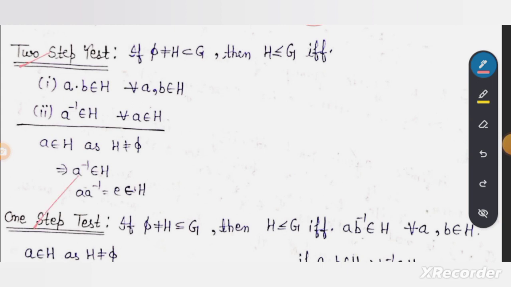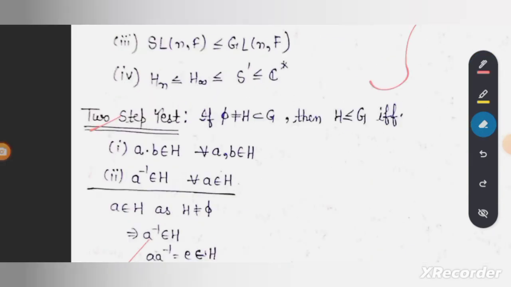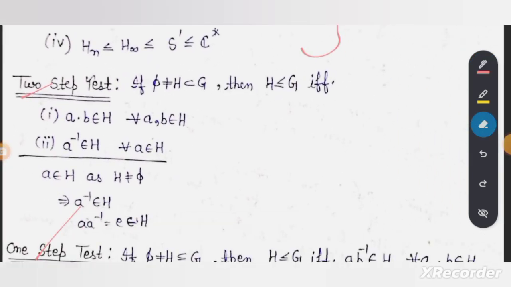If H is a non-empty subset of G, then H is a subgroup of G if and only if for any two elements of H, their product A dot B belongs to H for all A, B belongs to H, and A inverse belongs to H for all A belongs to H, that is, the existence of the inverse of any element of H. So if these two properties are satisfied for a subset of G, then we say that subset is a subgroup of G.